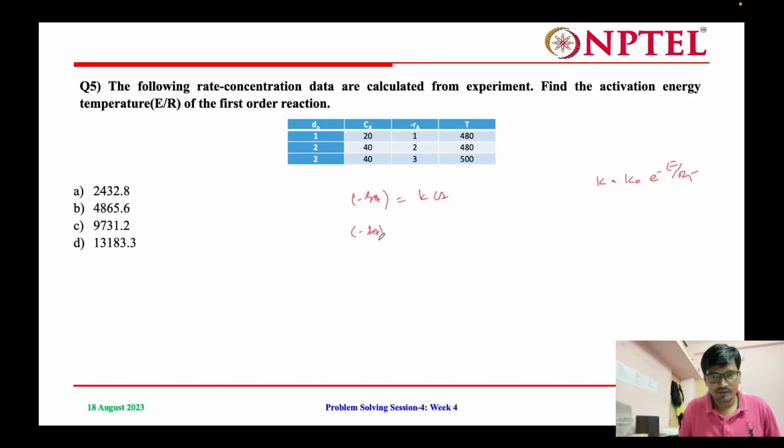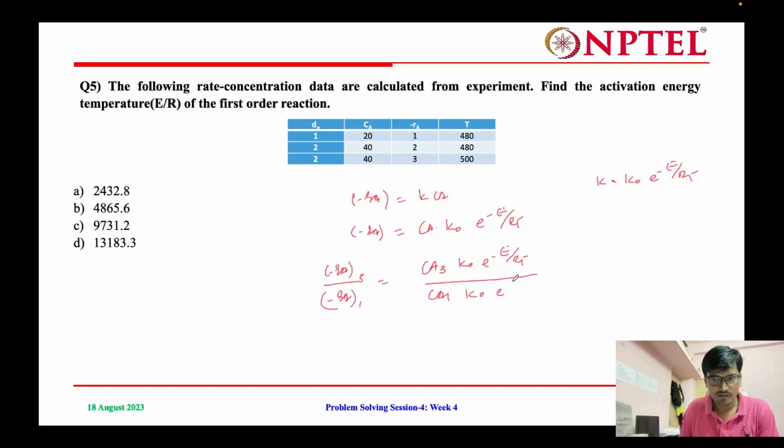So r equal to k naught e to the power minus E by RT times C A. So now for runs 1 to 3, by comparing run 1 and 3, r 3 by r 1 equals C A 3 k naught e to the power minus E by RT 3 over C A 1 k naught e to the power minus E by RT 1, right?